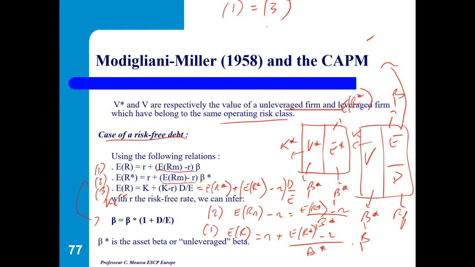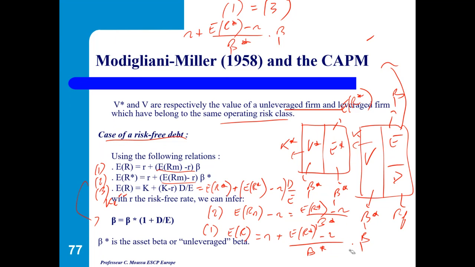1 is equal to 3. 1 is ER, and 3 is ER, but I say 1 is equal to 3. So I write down R plus (ER star minus R) over beta star multiplied by beta.